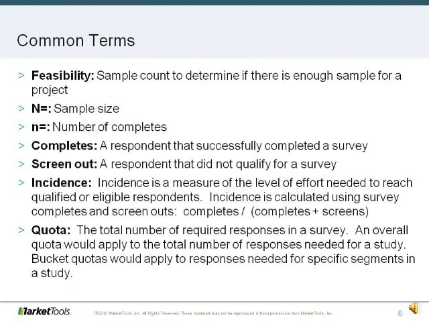Lowercase n, the number of completes or survey responses for your sample. Completes, a respondent that successfully completed a survey. Screen out, an individual that did not qualify for a survey. Incidence, the percent of population that meets the sample criteria.